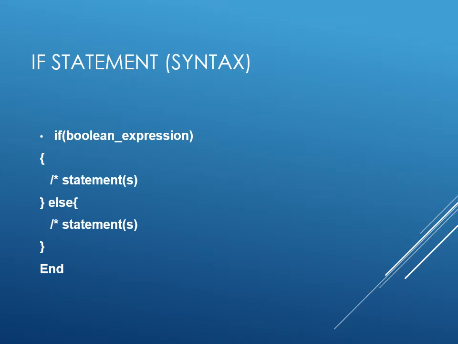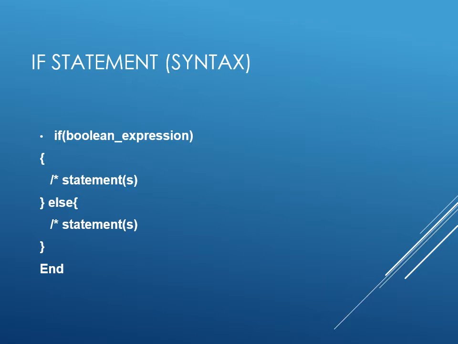So what is the syntax of our if statement? We will write if, and then in round braces we will write our boolean expression, meaning our condition: what is the condition of our statement. Then we will write the statements in the curly braces of the if statement.